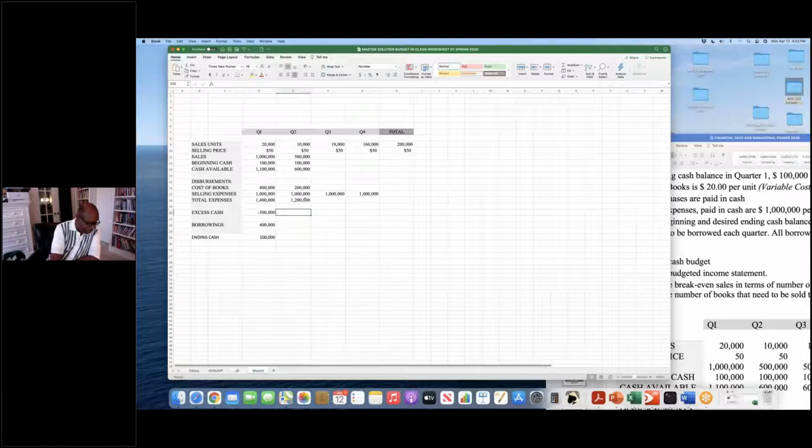So is that a minus $600,000? It is. So how much we got to borrow this time? 700,000. We can still have 100,000.